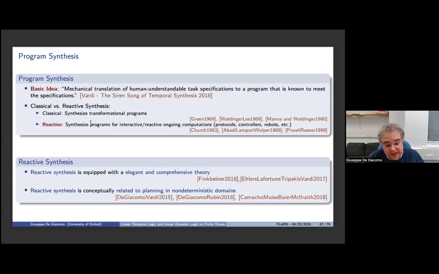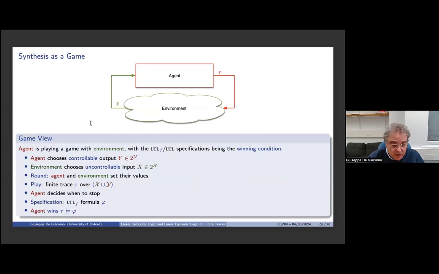Now, reactive synthesis is a very nice and elegant comprehensive theory, and there are a couple of surveys that talk about it. It's also related very much in AI to planning in non-deterministic domains. Essentially, you can have a game view of this synthesis. So you are an agent, okay?